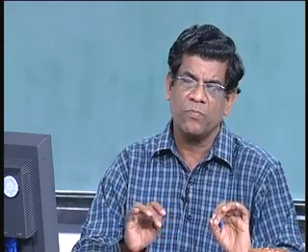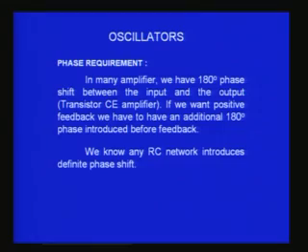And if you now give this fraction to the input and make sure that it is equivalent to the input voltage, then you can slowly remove the input, and this positive feedback alone will sustain the oscillations, and you will get a steady sine wave output. So, that is the basic principle of an oscillator.